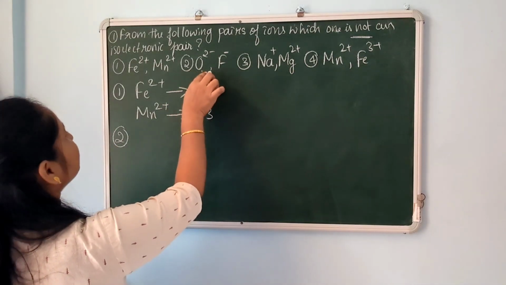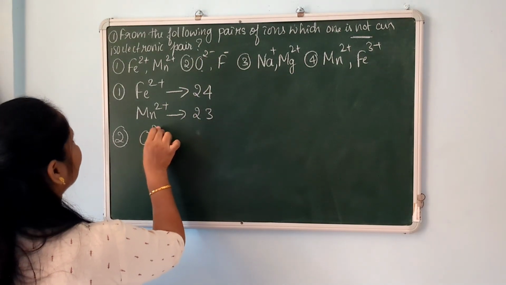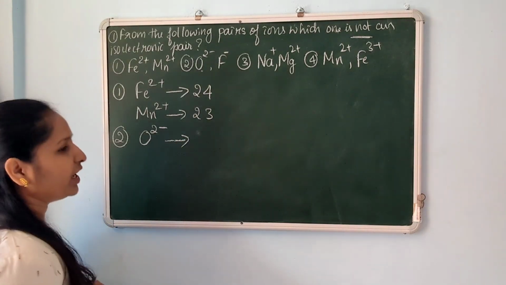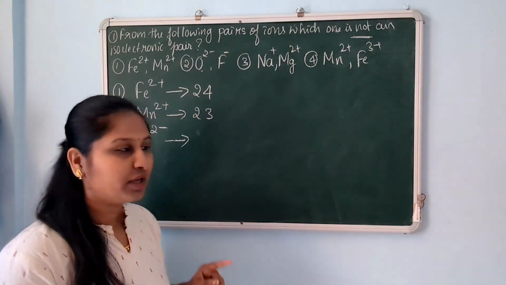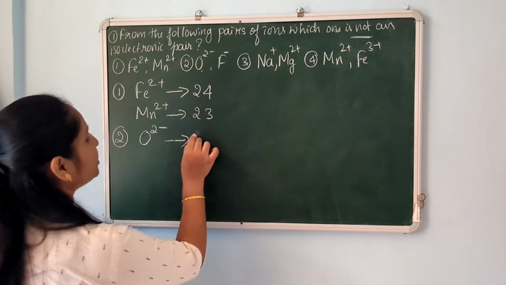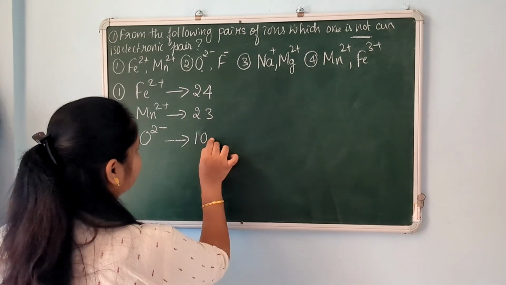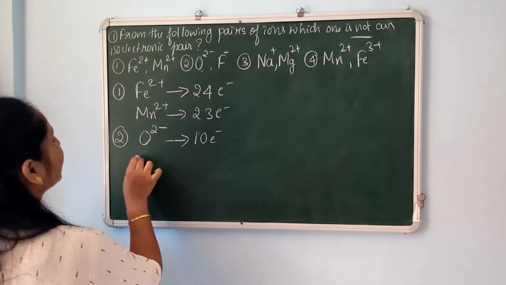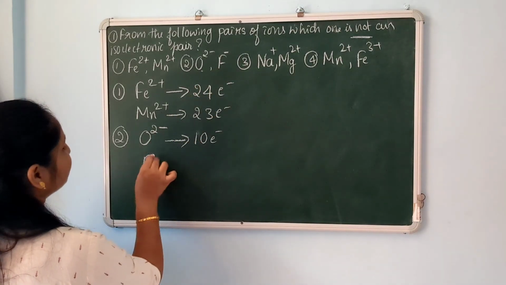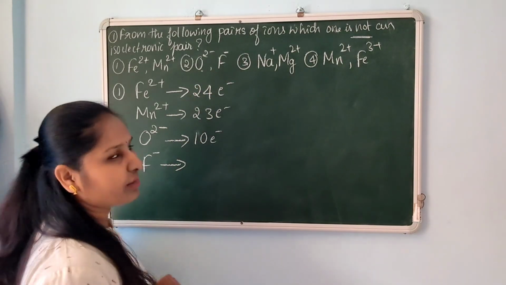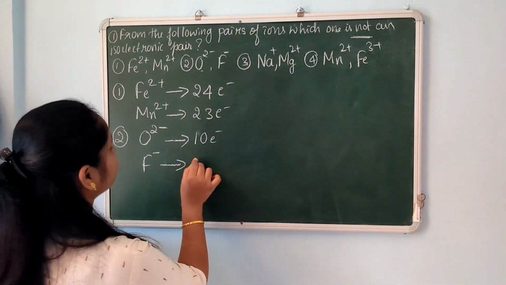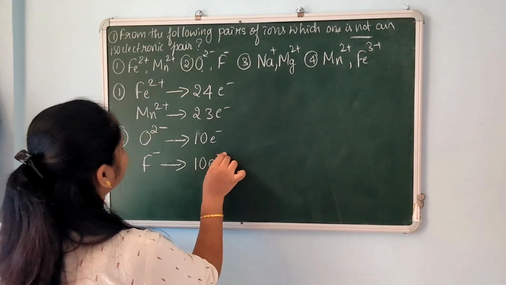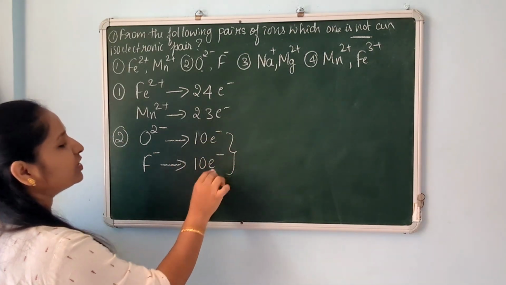The second option is O2-. Oxygen with atomic number 8 contains 8 electrons, and with a minus 2 charge it has 10 electrons. F-: fluorine's atomic number is 9 and with 1 minus charge, 10 electrons. So this is an isoelectronic pair.